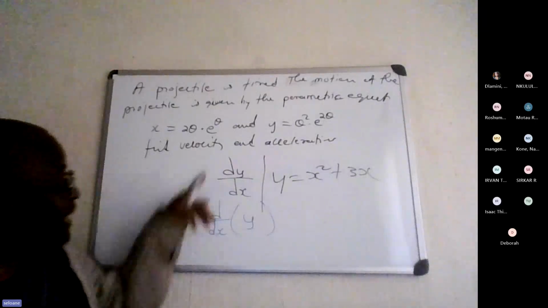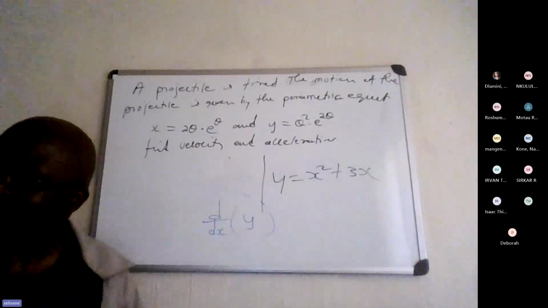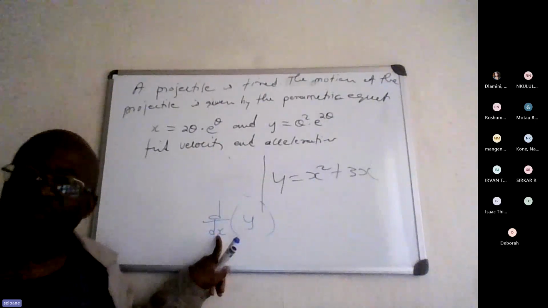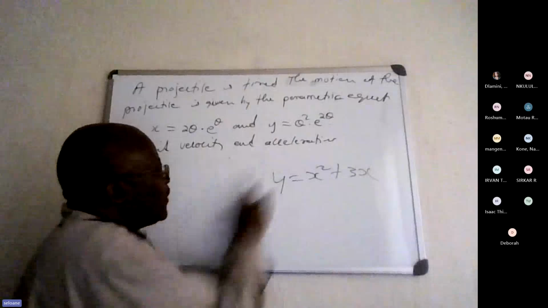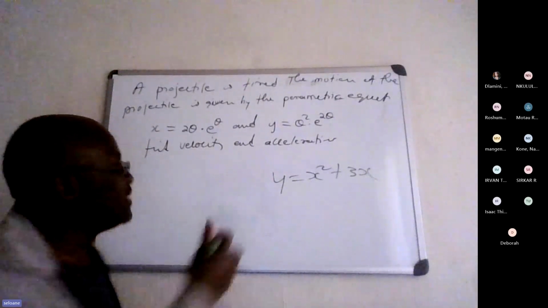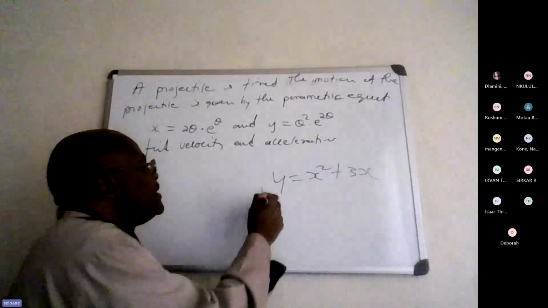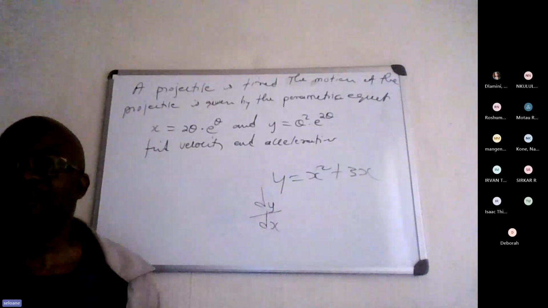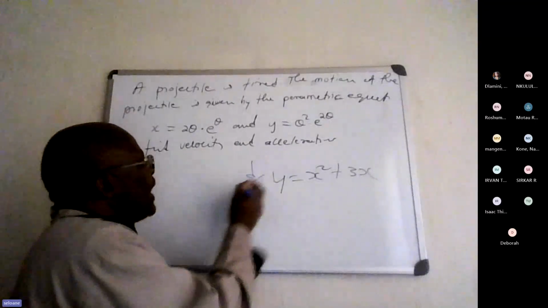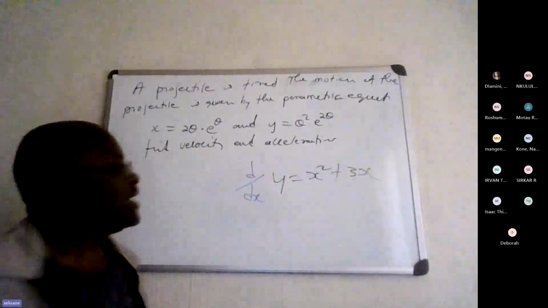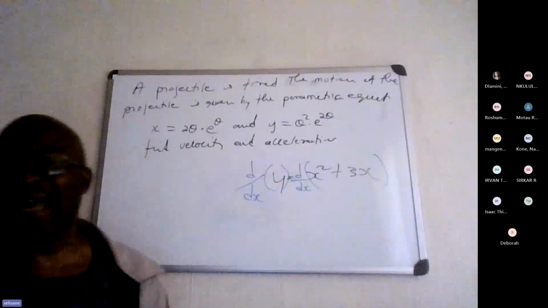In other words, if you are asked to find dy dx, all you need to do is insert d by dx on both sides of your equation, that is on the left side and on the right side.